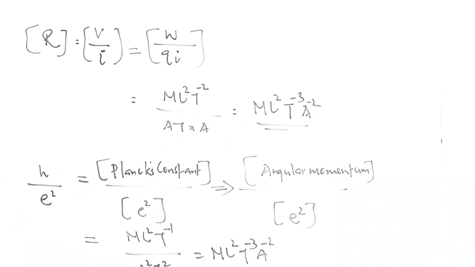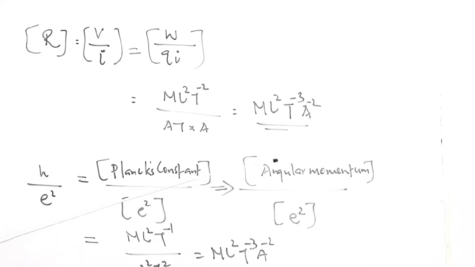Now I am going to find out the dimension of h by e square. Here h is Planck's constant. Already we have discussed that the dimension of Planck's constant is equal to the dimension of angular momentum. The dimensions of angular momentum and Planck's constant are the same only in terms of dimension; physically they are different.